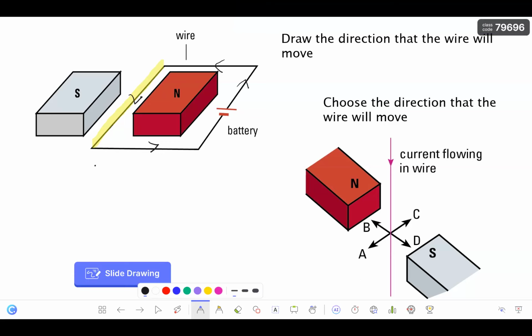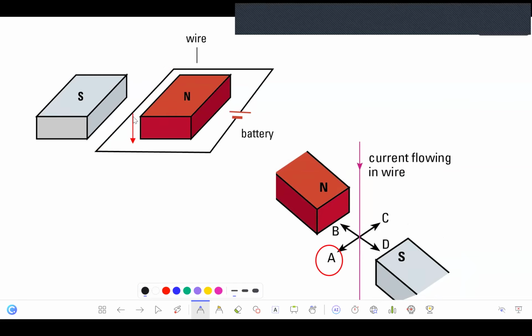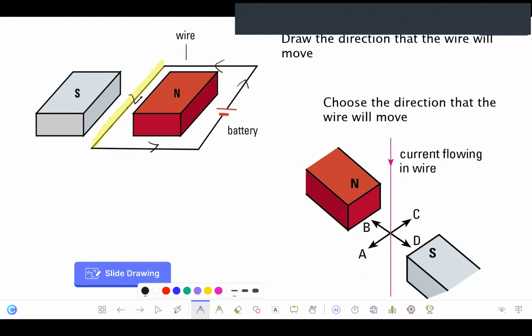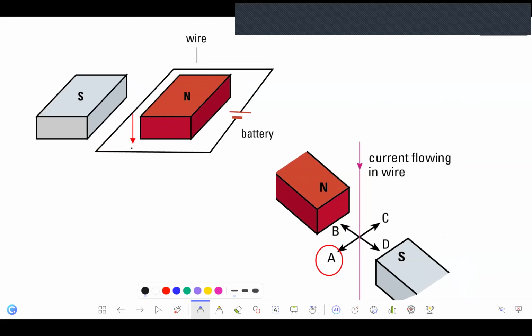This direction is similar to out of the paper. So you get it that based on Fleming's left-hand rule, the thumb, which is the force, actually points downwards. So if I were to draw it, I will draw my force on the wire itself, okay, which is like this.